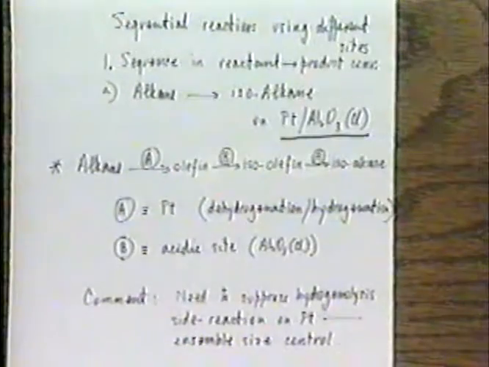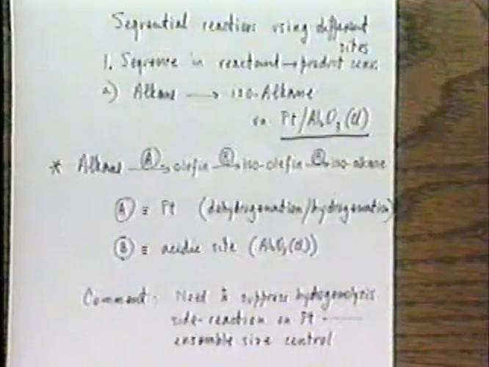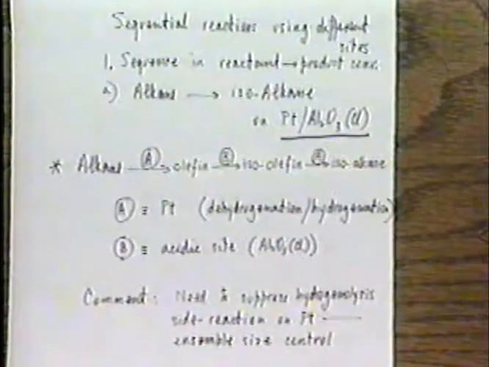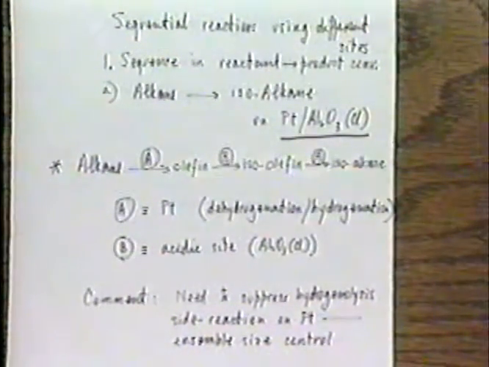The olefin, being an intermediate product, is then transferred either through the gas phase or by surface diffusion from the platinum function to a Bronsted acidic site on the alumina surface. At the Bronsted acidic site, the olefin will be protonated to form a carbenium ion. The carbenium ion then can rearrange to form, say, an isoolefin.